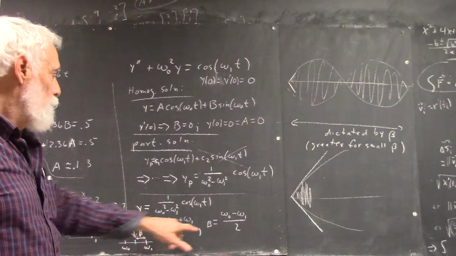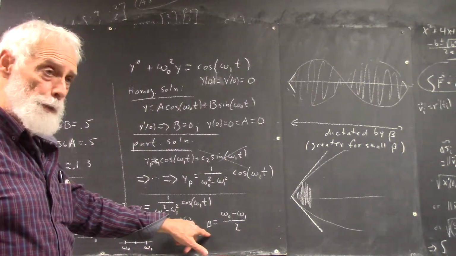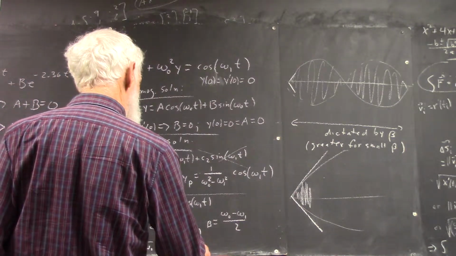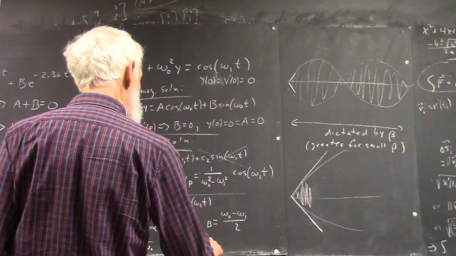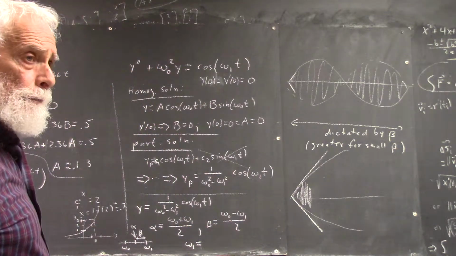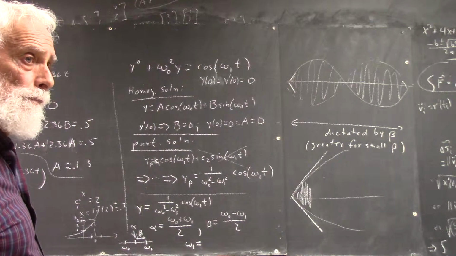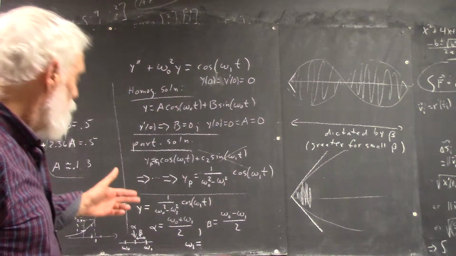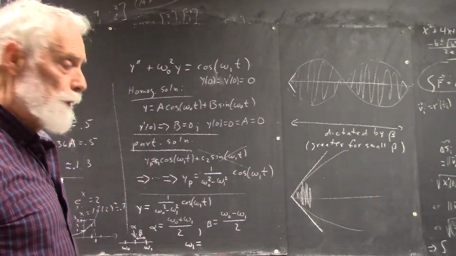Okay, so how are we going to analyze this in terms of alpha and beta? Well, we're just going to note that omega 1 equals, in terms of alpha and beta, how are you going to get omega 1? In terms of alpha and beta, how would you express omega 1?